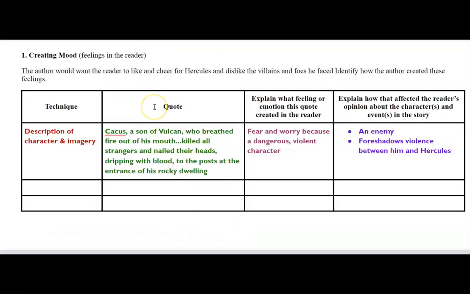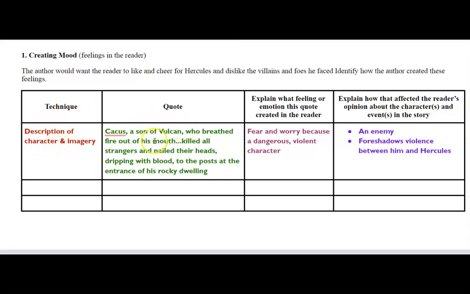Okay, we're going to look at writing the paragraph on the written text story first, The Labors of Hercules. So you completed this chart as homework on Thursday, and we're going to take this chart and turn it into a paragraph. Okay, so you can see the technique was description of character and imagery.